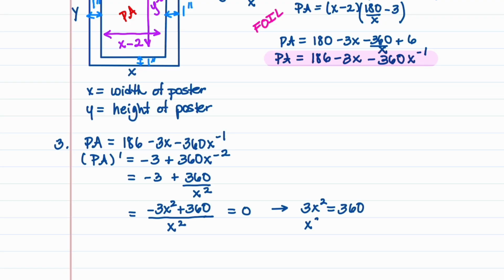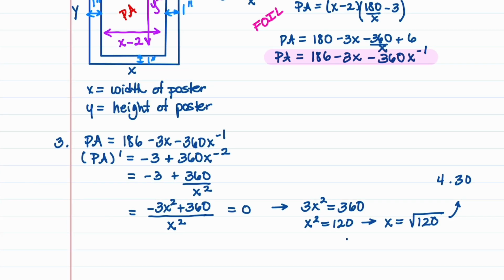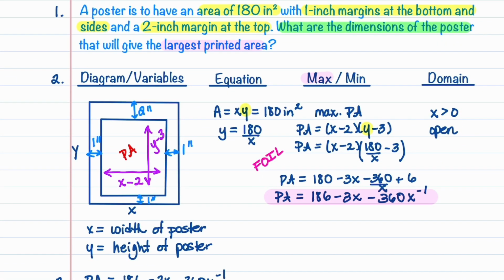So x squared is equal to 120. And this gives us x is the square root of 120. Think of 120 as 4 times 30. So we can pull out the square root of 4 as 2. So we have x is equal to 2 square root of 30, and then we need units, so let's go back up.